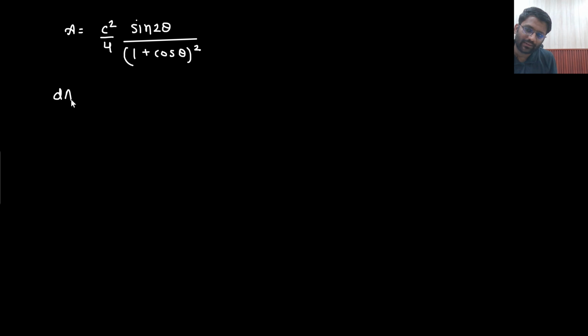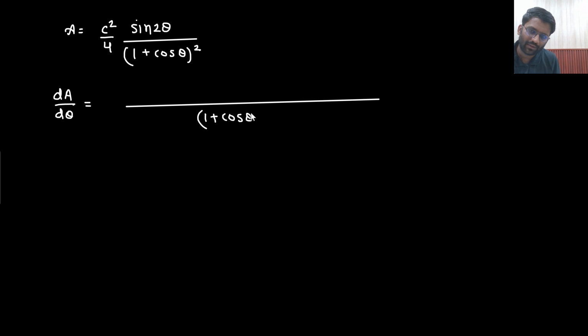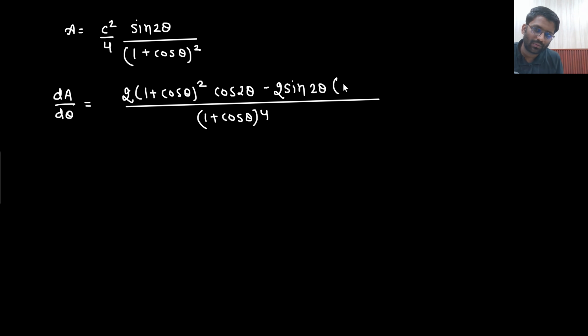So now dA by d theta we need to do. 1 plus cos theta to the power 4, 1 plus cos theta whole square. Now sin 2 theta will have cos 2 theta into 2, minus, then sin 2 theta as it is into 2 into 1 plus cos theta into sin theta.